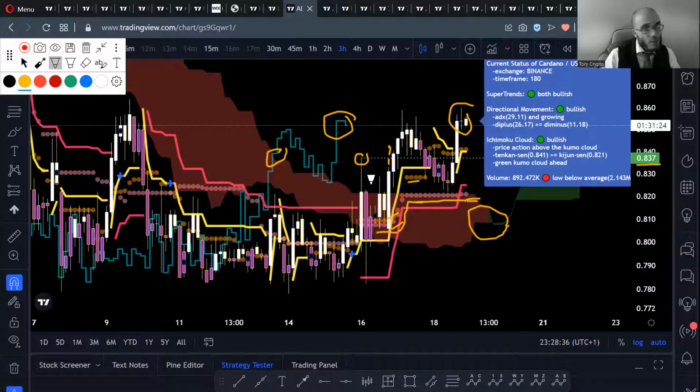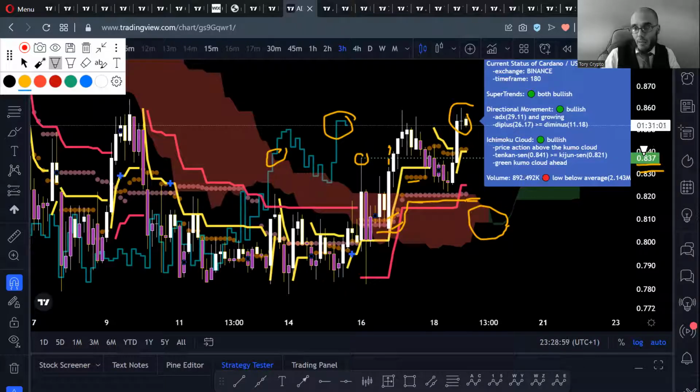The thing that was not probably bullish, or maybe it was, is Elliott wave. I don't remember, but maybe it was bullish at the time. If Elliott wave was also bullish, you would have taken that entry and placed an entry to go long above 0.837.